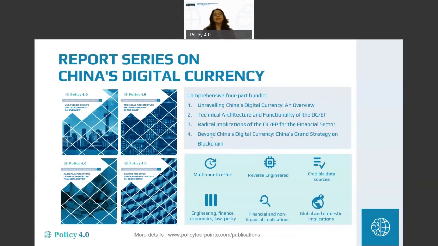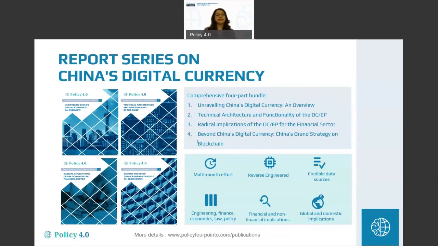And while the currency architecture is already path-breaking, what became very evident to us very quickly is that the DCEP is accompanied by a much larger strategy around blockchain, around data and information flow in the Chinese economy. The next report in the series looks at this wider Chinese strategy.